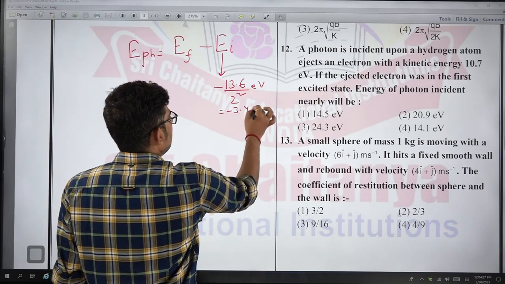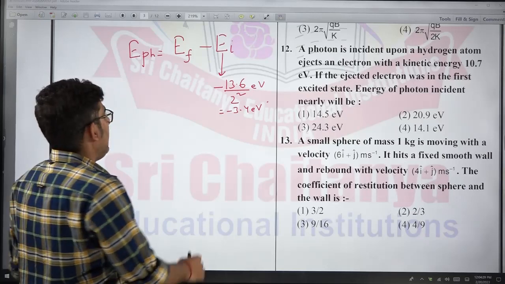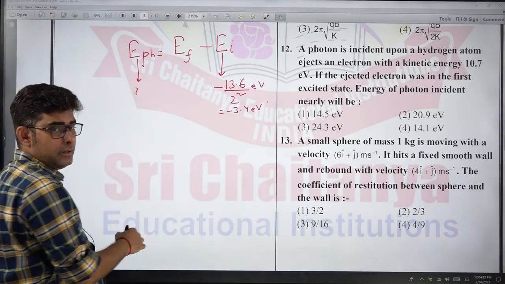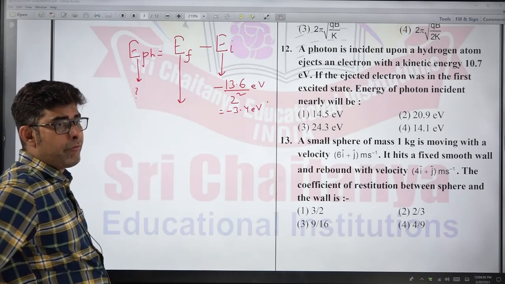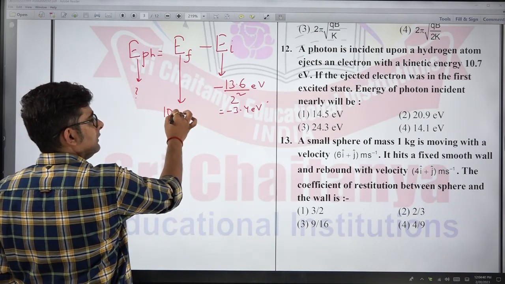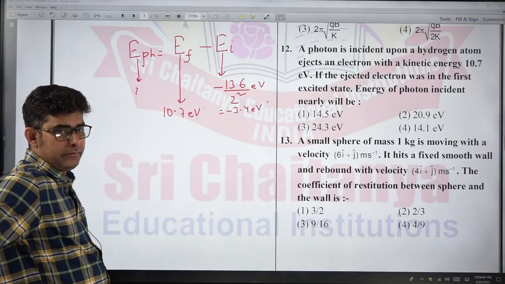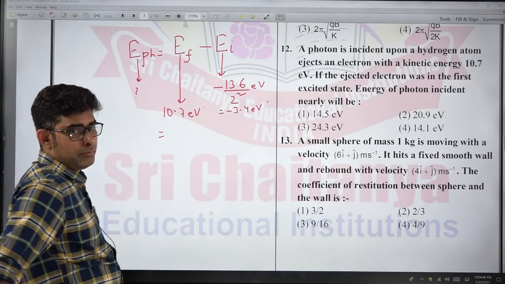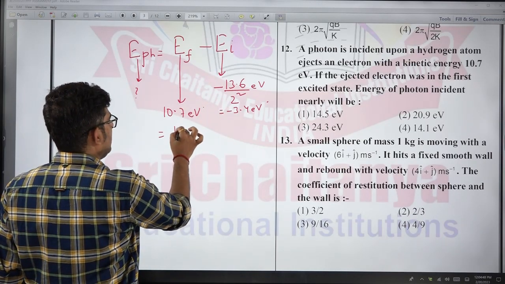Minus 3.4 eV. And what is the energy of the photon? They are asking what the value will be. How much is the final energy of the electron? They have given the final energy is 10.7 eV. So what will happen? 10.7 plus 3.4. That means it will become how much?